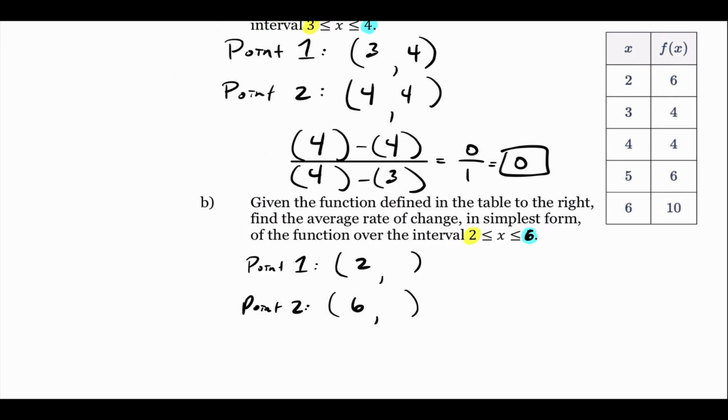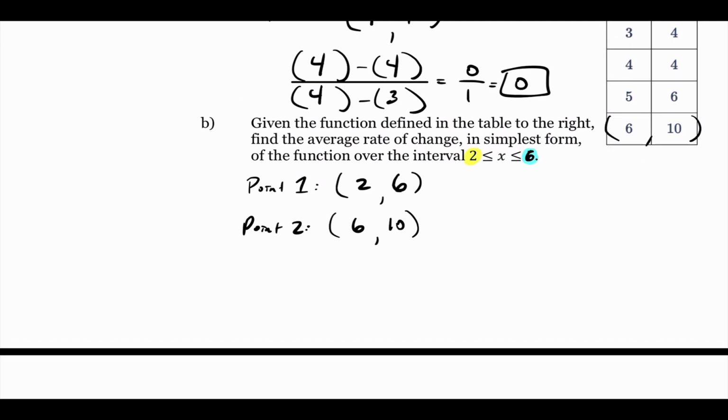Go to the table. What y value goes with x equal to 2? 6. For point number 2, which y value goes with x equal to 6? 10. There's my 2 points right there.